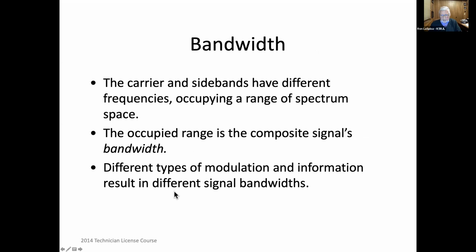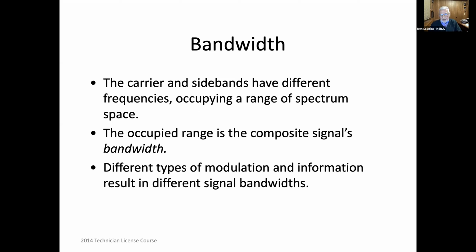The word bandwidth now has something to do with frequencies. The carrier and the sidebands have different frequencies, and they occupy a slot in that spectrum. Remember that example where we had 4 radio signals and we showed 4 bumps on the curve? One of those bumps alone is what contains the carrier and the sidebands.